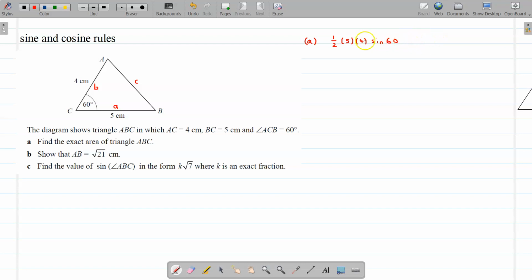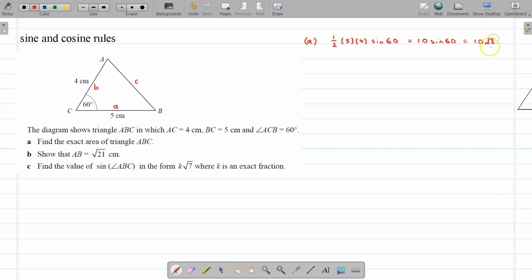Now, if you work that out, half of 20 is 10, so it's 10 times the sine of 60, and the sine of 60 is root 3 over 2, so 10 root 3 over 2.